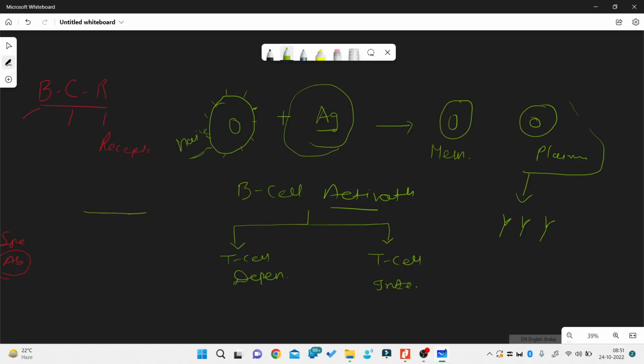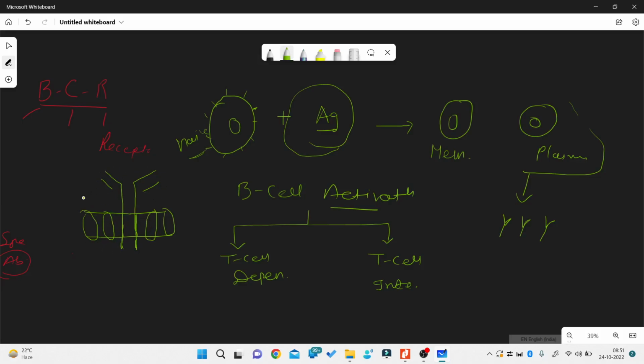Each and every cell has a membrane. In the membrane, you will find one monomer molecule of antibody along with different types of protein. All these proteins are transmembrane proteins because they are embedded in the plasma membrane, and they reach up to the cytoplasm.